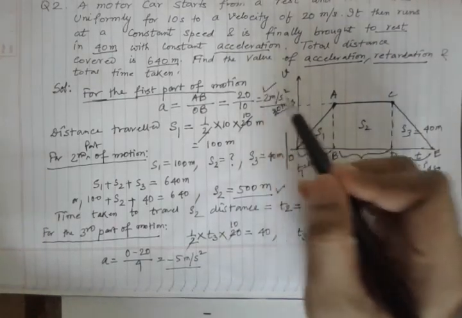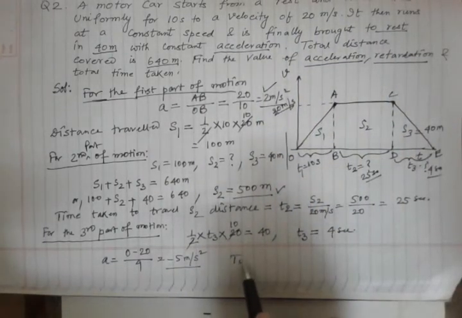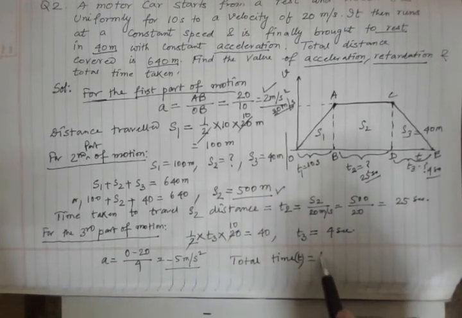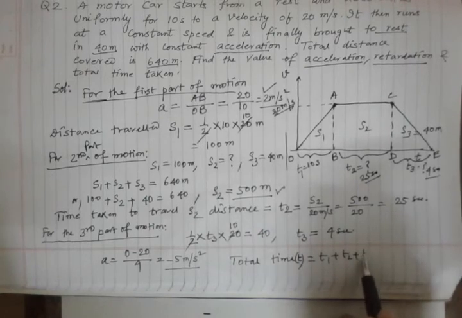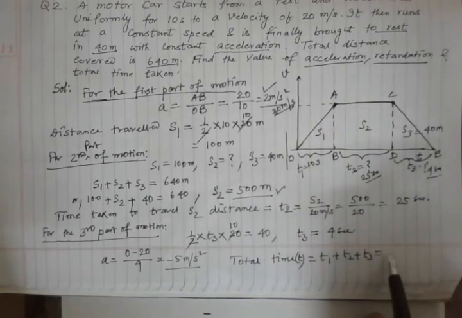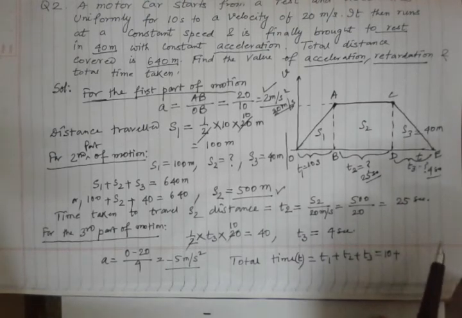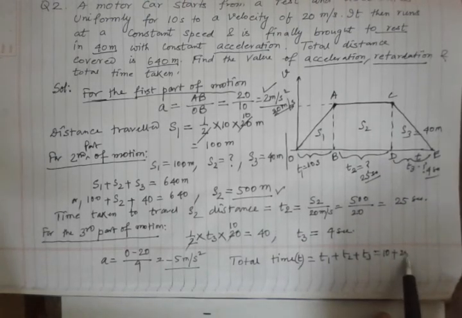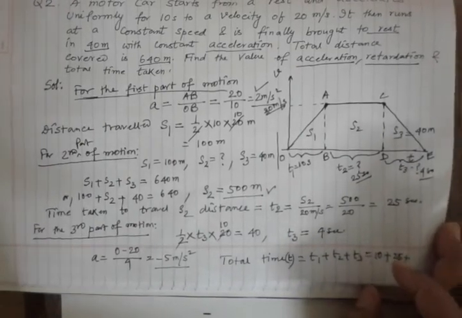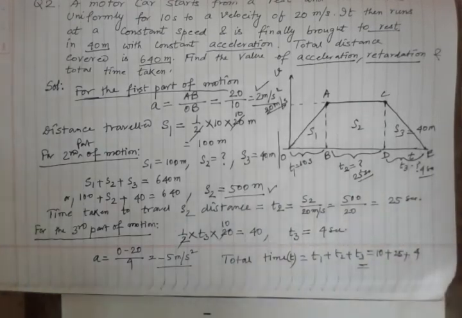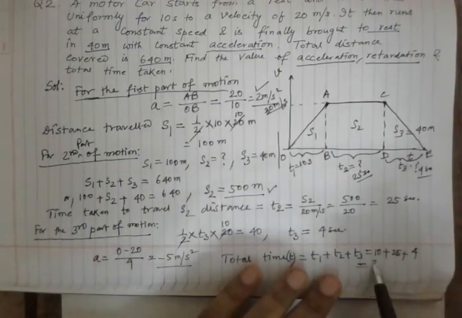Now the total time T is equal to T1 plus T2 plus T3, which is nothing but T1 is 10 plus T2 25 plus 4. So it will be equal to 25 plus 10 is 35 plus 4 is 39 seconds. So these are the answers.